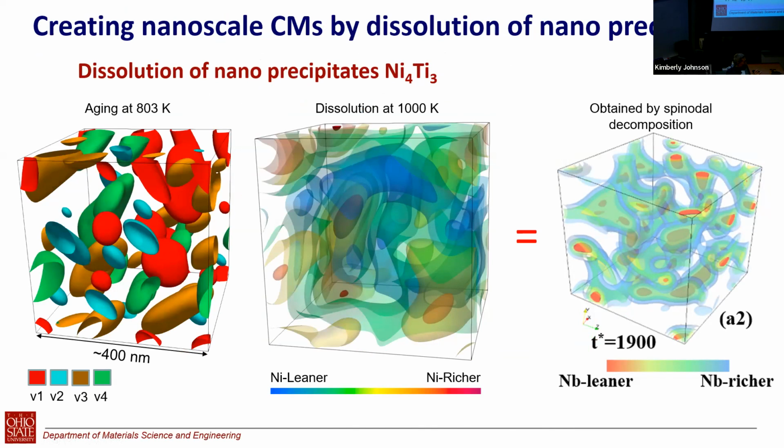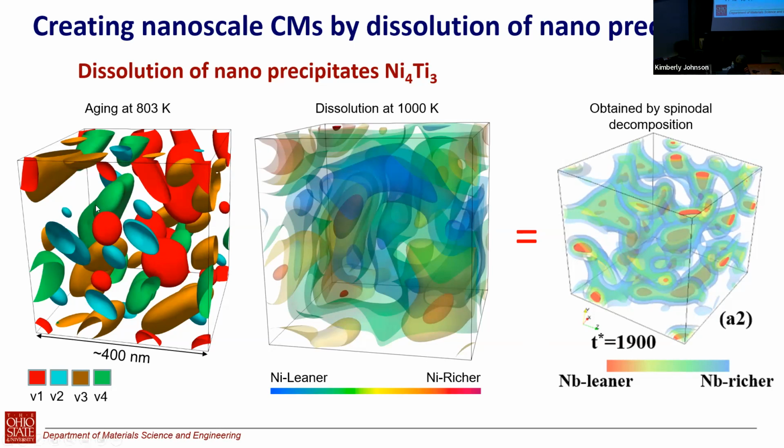Those are dead materials which cannot respond to the applied load. So what we could do is simply heat it up and let the materials structurally transform back to austenite, because structural transformation is much faster than atomic diffusion. It takes much longer for the solute to partition and get homogenized in the matrix.